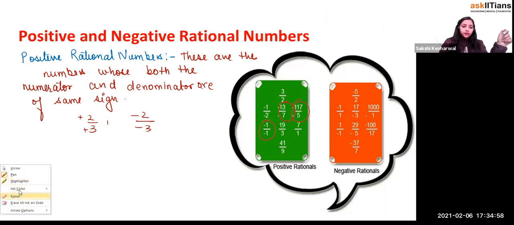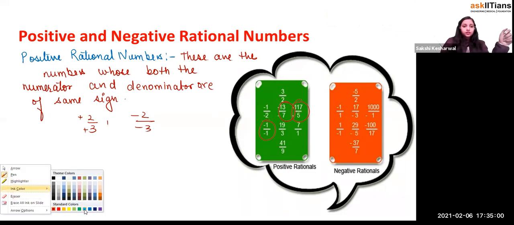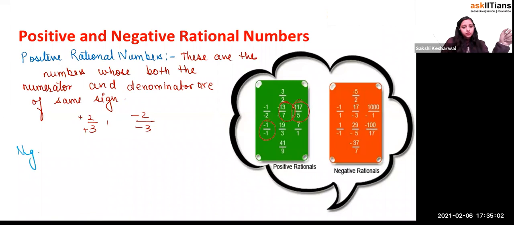And what are the negative rational numbers?